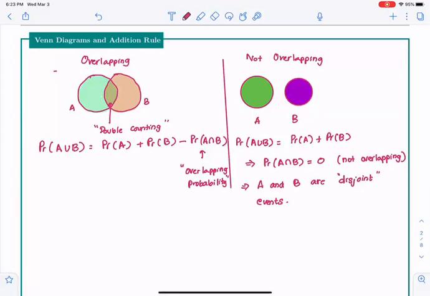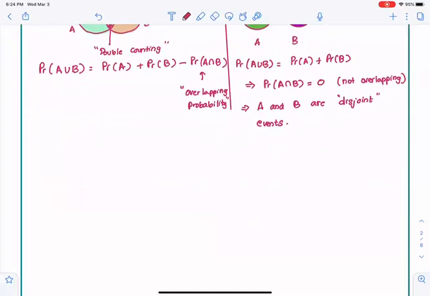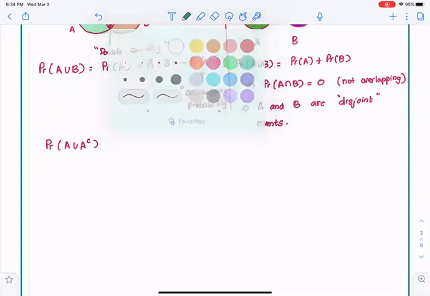So if A and B are disjoint events, then the probability of A intersect B will definitely be 0. Going back to the probability of A union A complement.